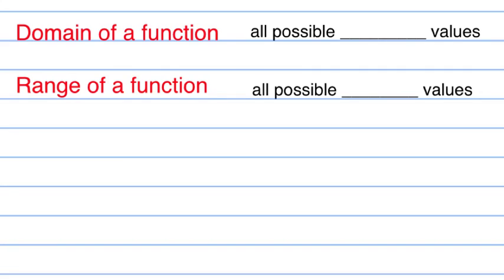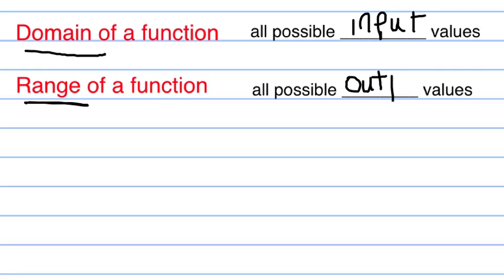Okay, two more things that we need to define. Domain of a function is all the possible input values, and the range of a function would then be all possible output values.